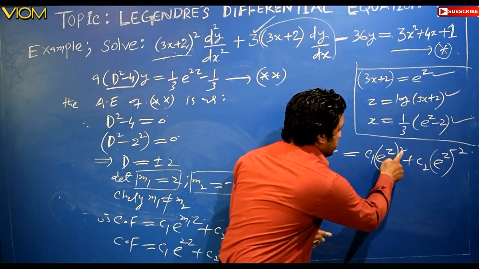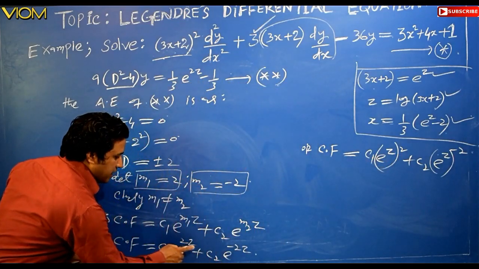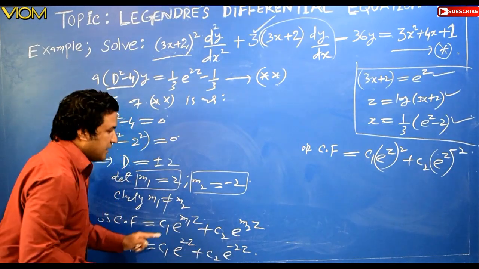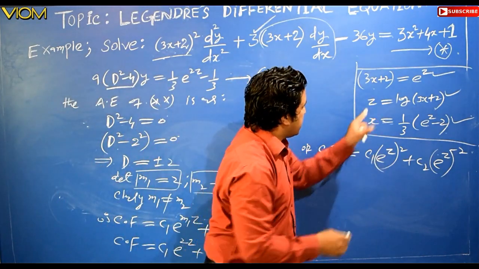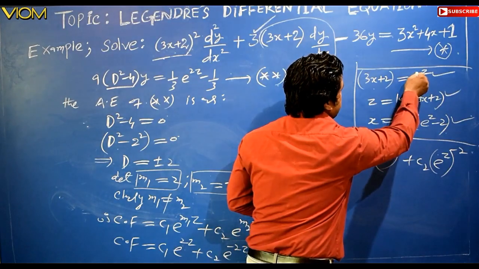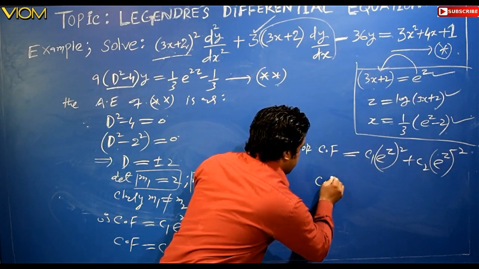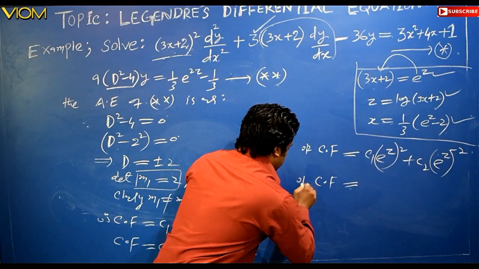When you multiply z by 2, this becomes 2z, and z by −2 becomes −2z. Where is e^z? e^z is 3x + 2. So it is completely transformed in terms of x.